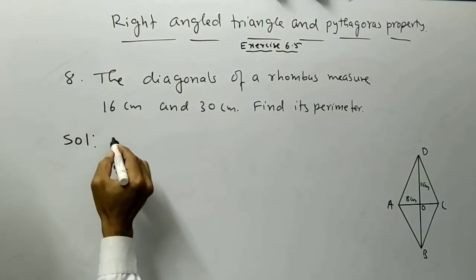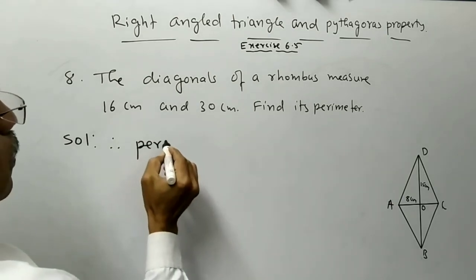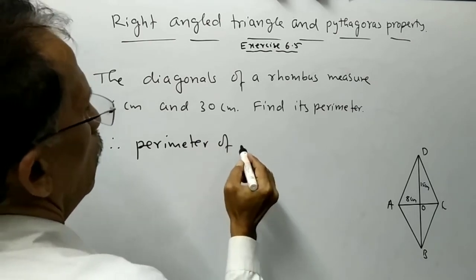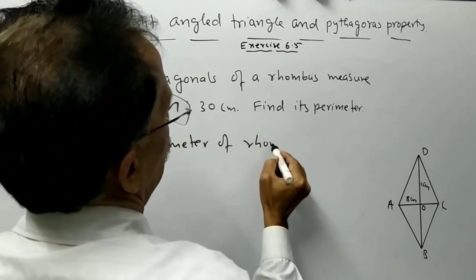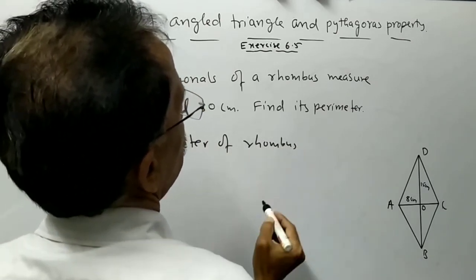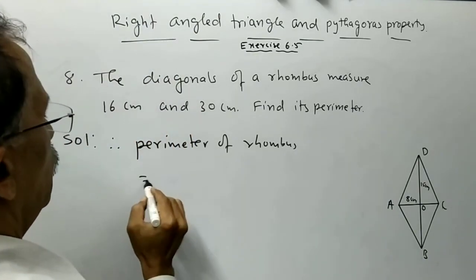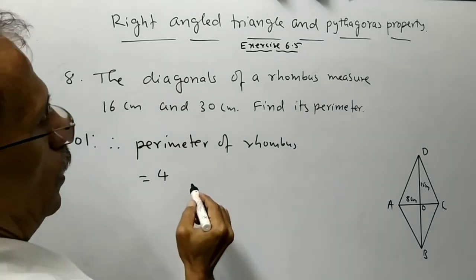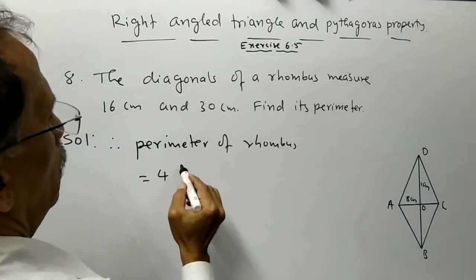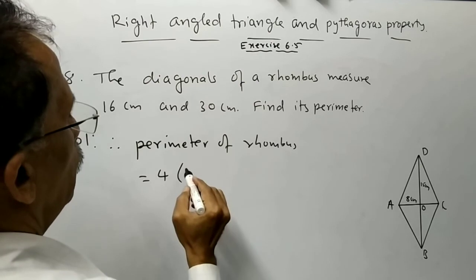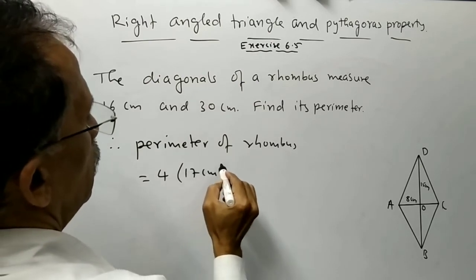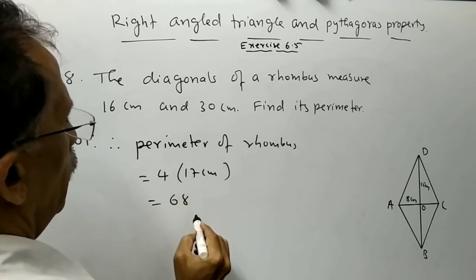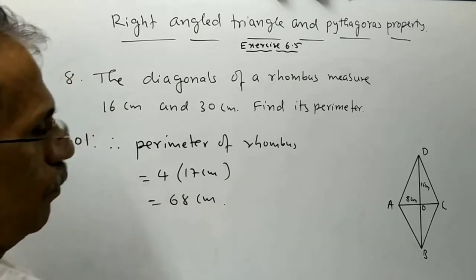Therefore, perimeter of rhombus is equal to 4 into side, that is 4 into 17 centimeter is equal to 68 centimeter.